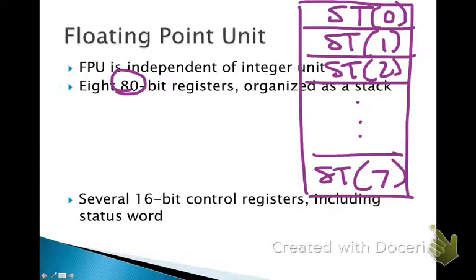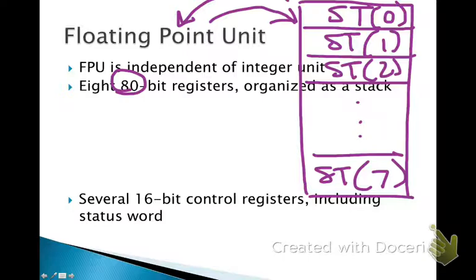So there are our 8 registers. Things get pushed on the stack, things get popped off the stack, just as they would in a stack data structure. In addition to these 8 80-bit registers, we also have several 16-bit control registers, including the status word.